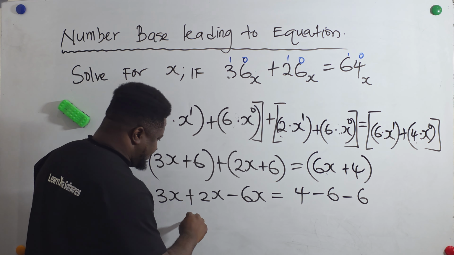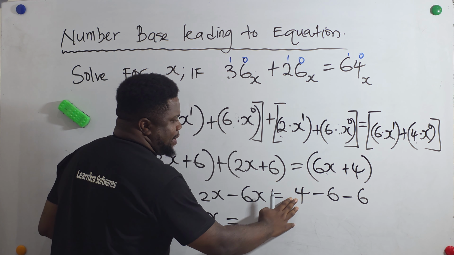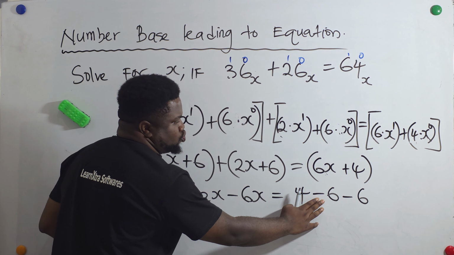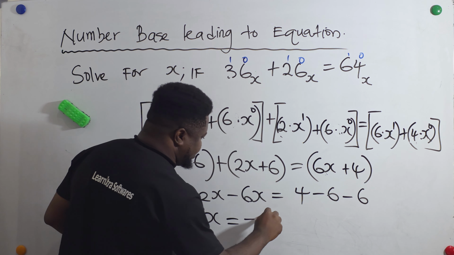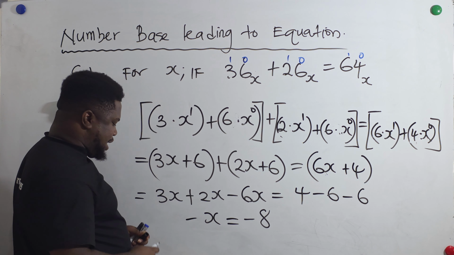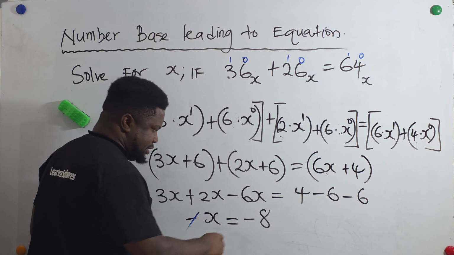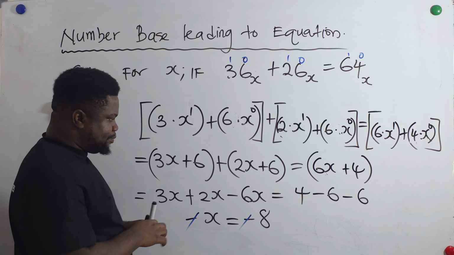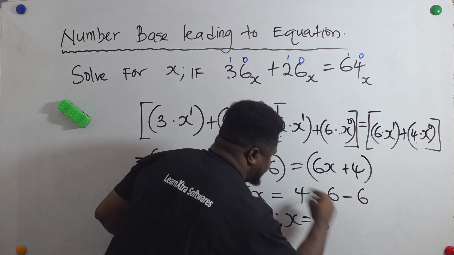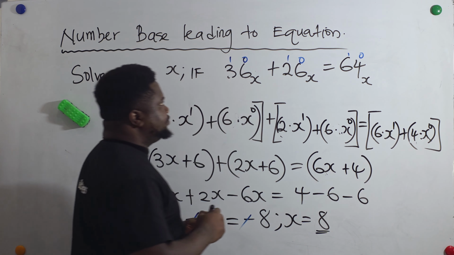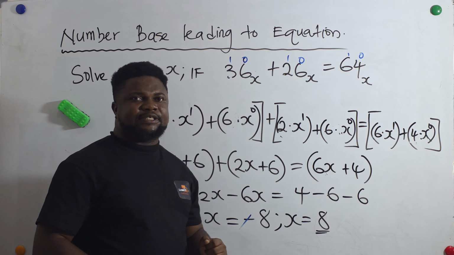We have minus x is equal to 4 minus 6 minus 2 minus 6, that's minus 8. Minus can cancel minus, yes. Minus here, we remove the minus here. So x is equal to 8. And that's the answer. So our base for this operation is base 8.